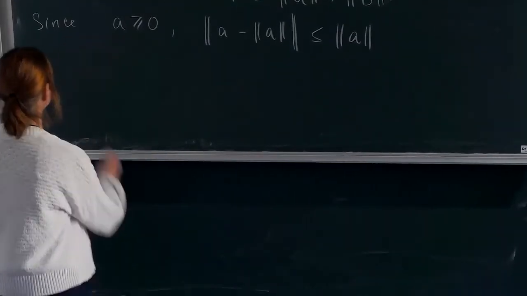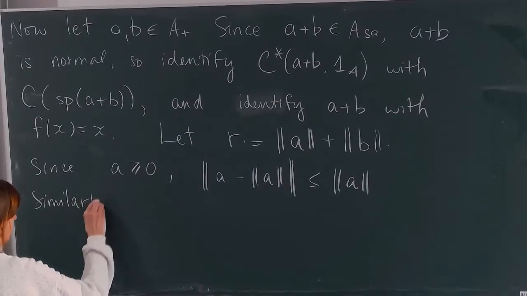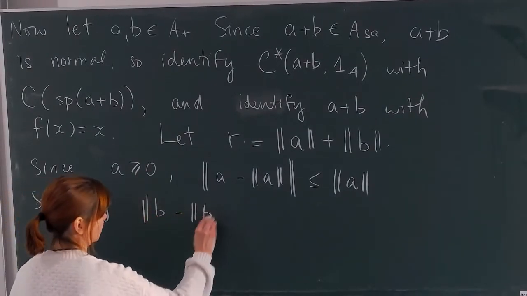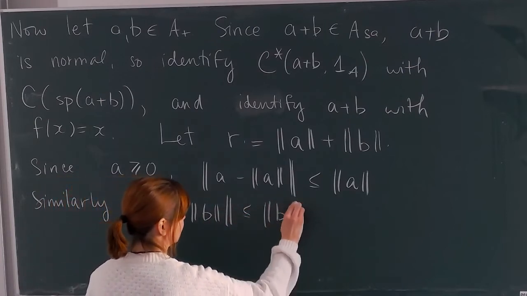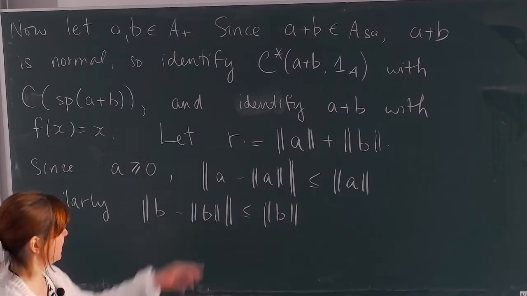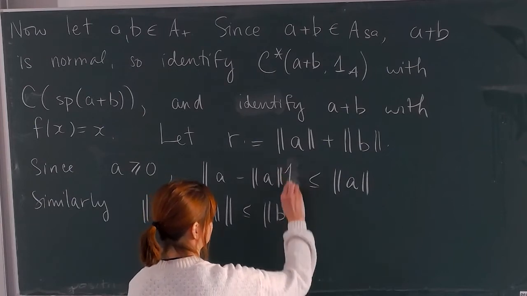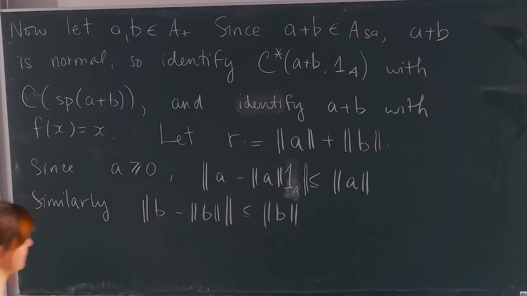And then similarly, we have that B minus the norm of B. So this is, again, to be a little bit more precise, the norm of A times 1, because we're able to assume that we're in the unital setting.